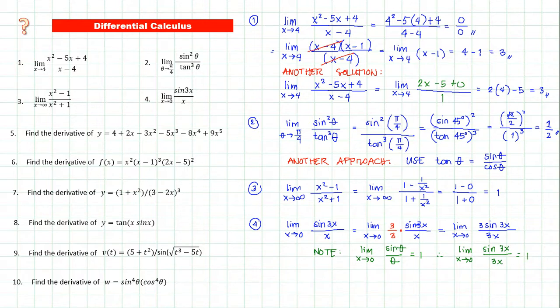No? Therefore, the limit as x approaches 0 ng 3 sine 3x over 3x, equal na ngayon yan sa 3 times the limit as x approaches 0 ng sine 3x over 3x, which is 3 times 1, right? And this will become equal to 3.